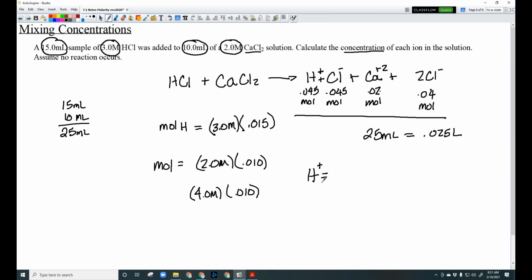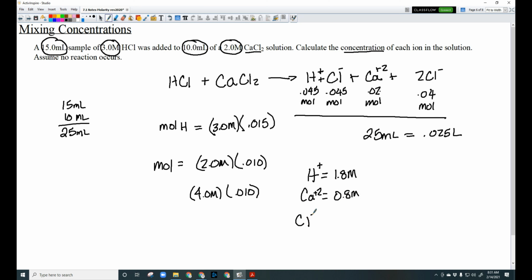The hydrogen is 0.045 divided by 0.025, so that's going to be 1.8 molar. Then let's do the calcium next because it's a cation. 0.02 divided by 0.025 is 0.8 molar.